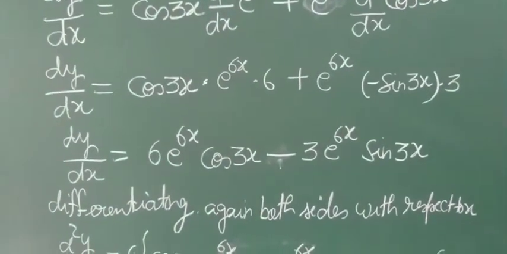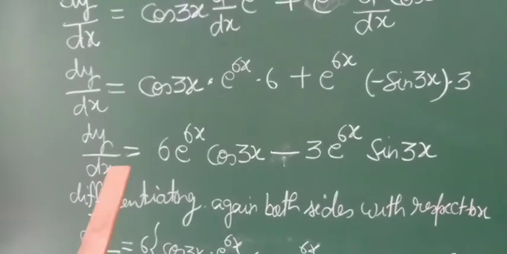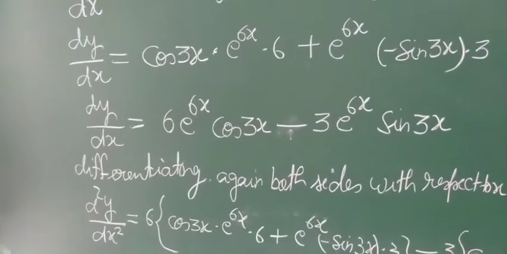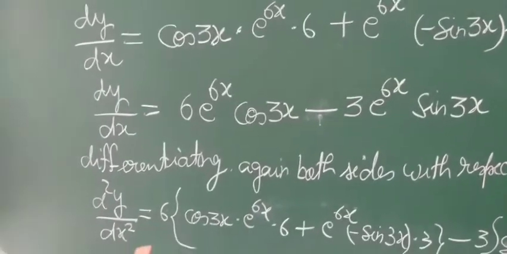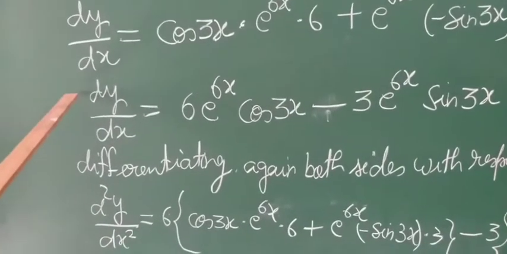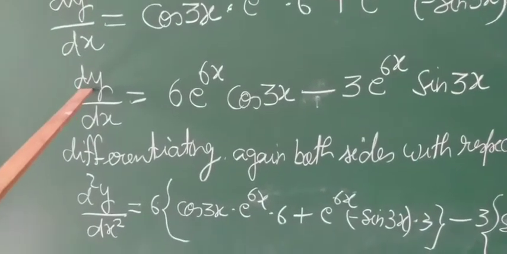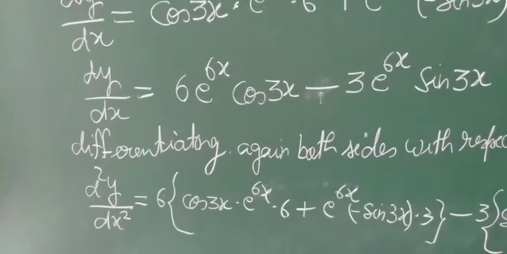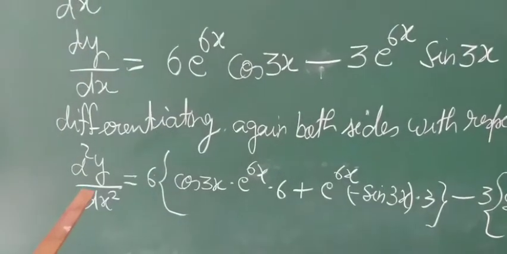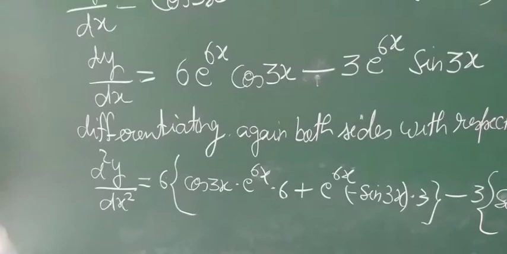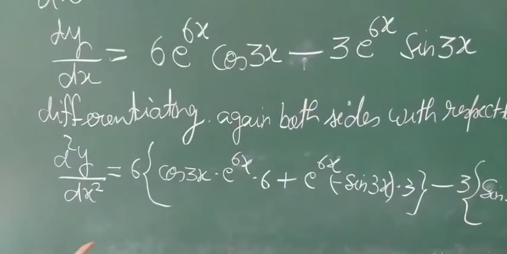To get the second order derivative, students, differentiating again both sides with respect to x. Okay, students. So again we have to write d by dx just before dy by dx. So it will become d square y upon dx square, students. It is called the second order derivative.